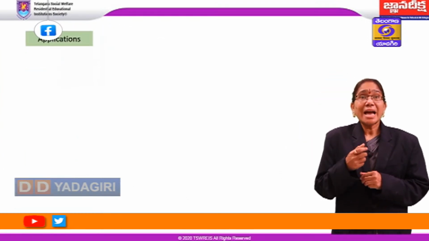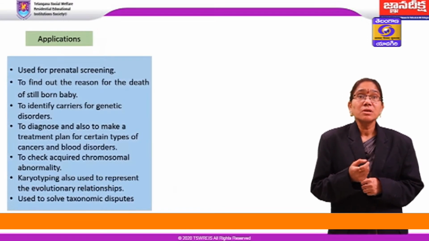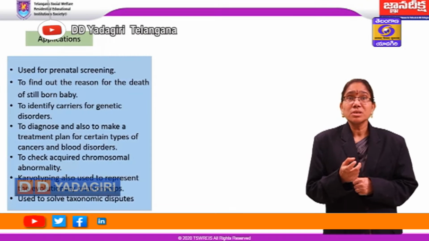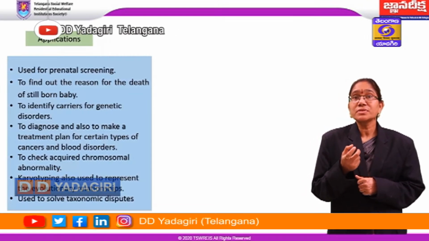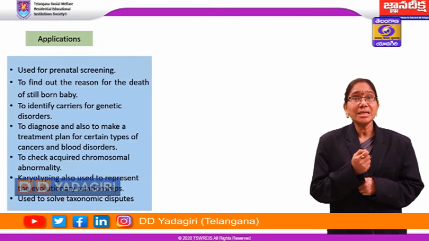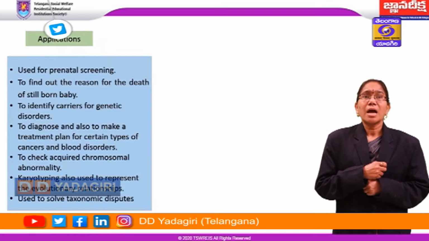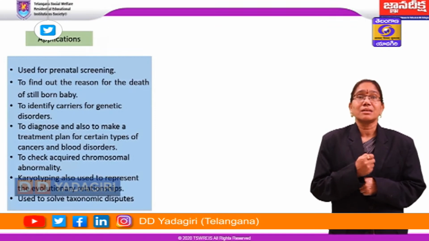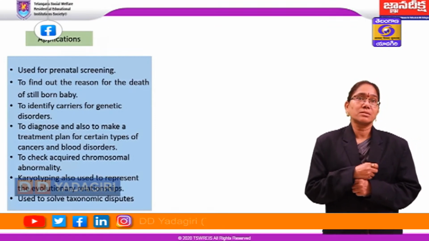Applications. Karyotyping is used for prenatal screening. To find out the reason for the death of a stillborn baby, we need karyotyping. It is also used to identify carrier screening for genetic disorders.